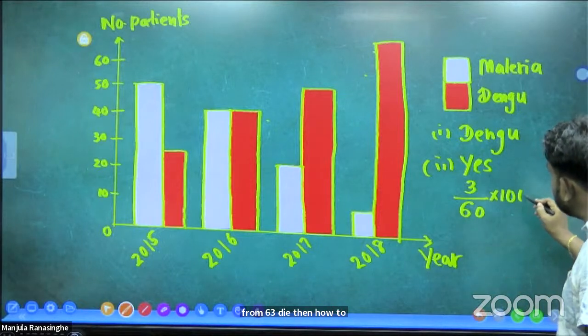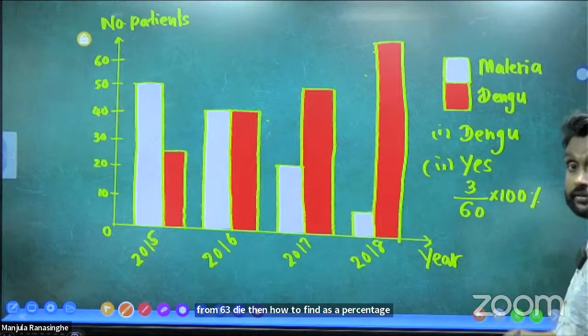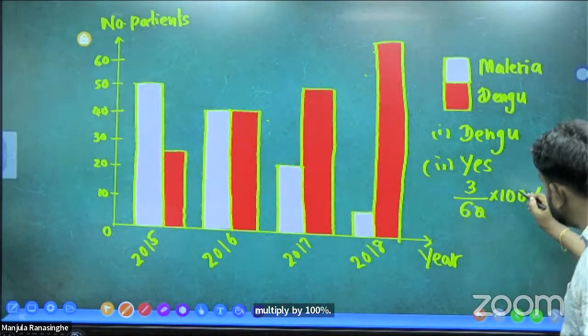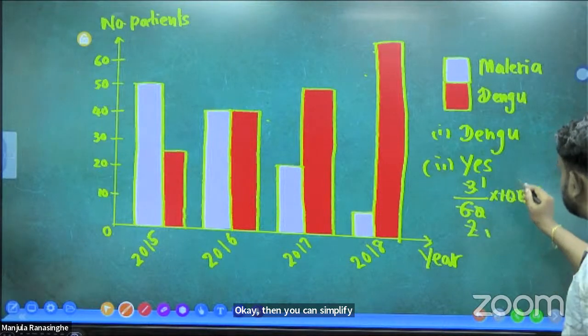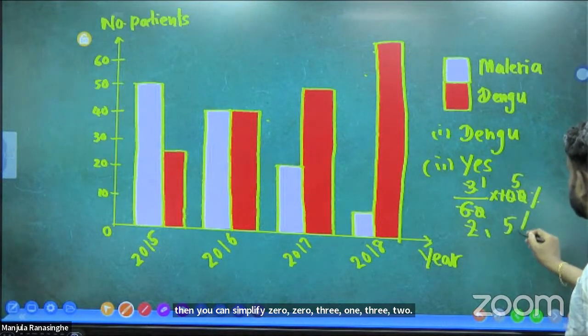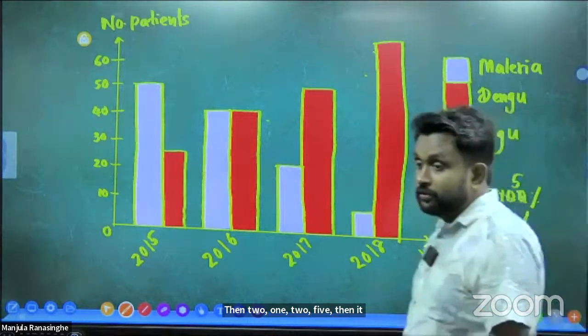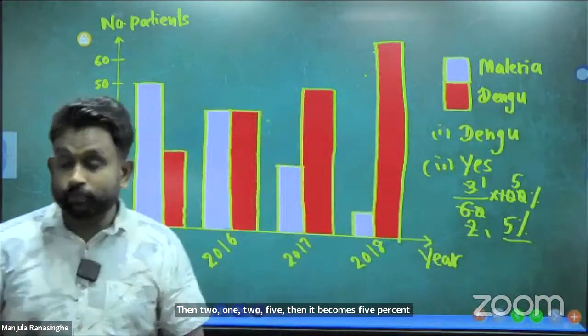Multiply by 100%. Then you can simplify: 3/60 × 100 = 5. So 5% is the percentage of dead dengue patients.